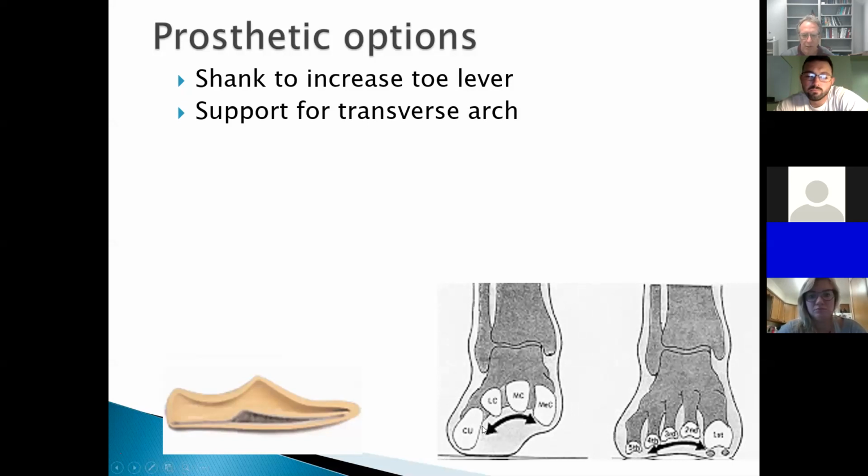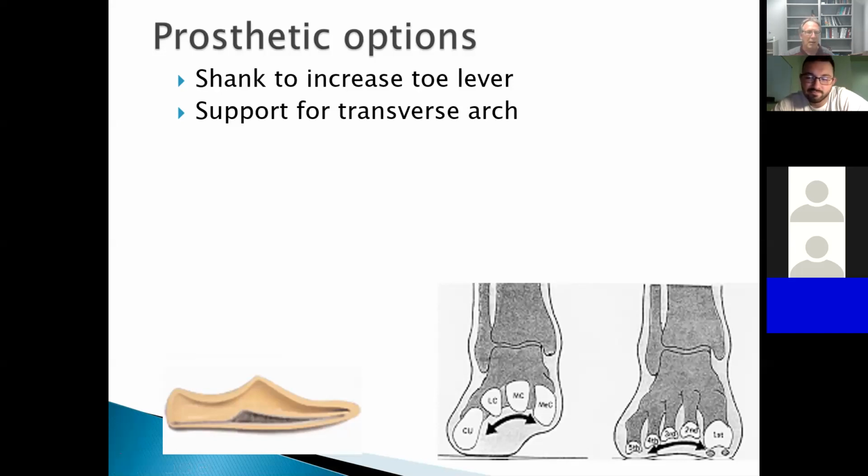So remember, the Lisfranc joint is where the cuneiforms meet the metatarsals, and you see that there's a nice transverse arch, but there's nothing supported medially because you need the metatarsals to come down distally to support the transverse arch medially. So one of the things that can happen is that the transverse arch collapses and the foot goes into a severe hindfoot pronation pattern.